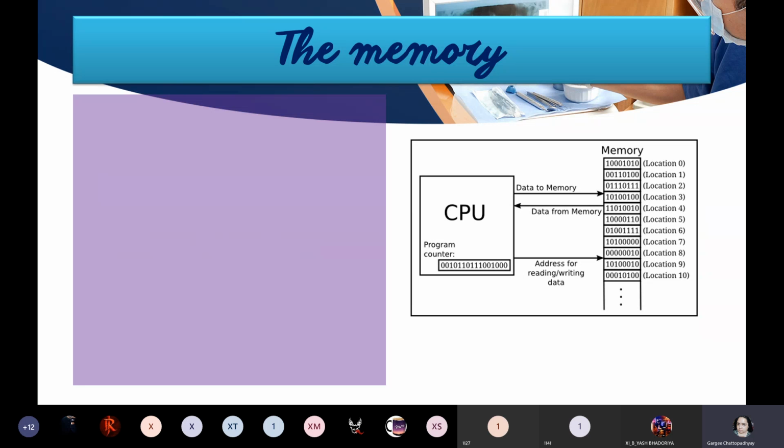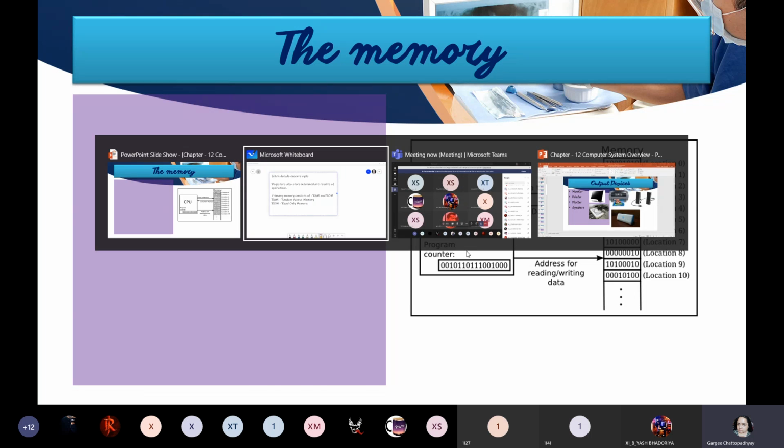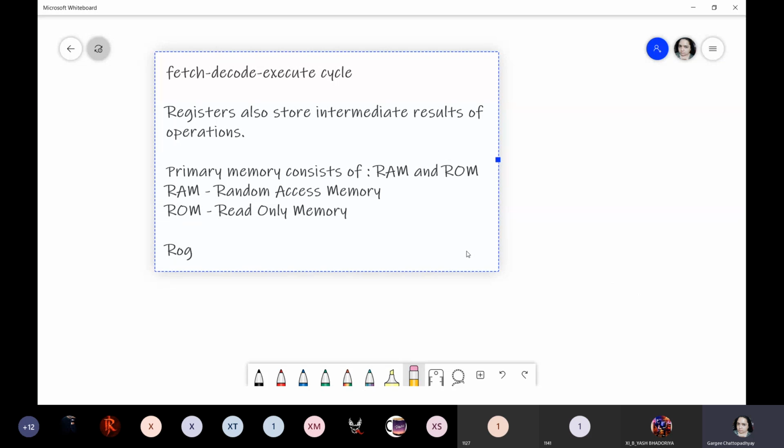Now you can see over here a diagram which consists of the CPU and a program counter. Students, please make a note. Program counter is a special register.